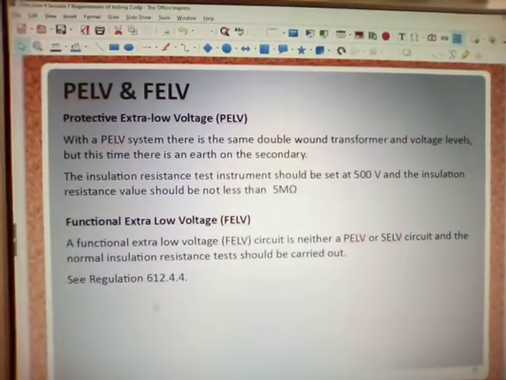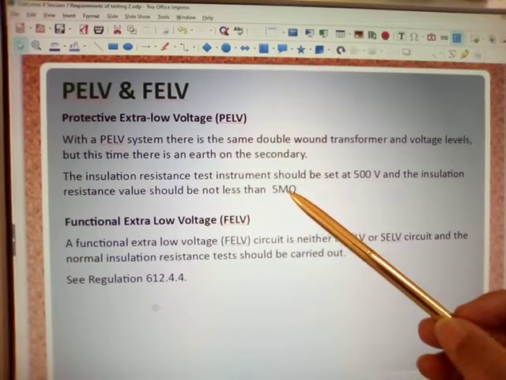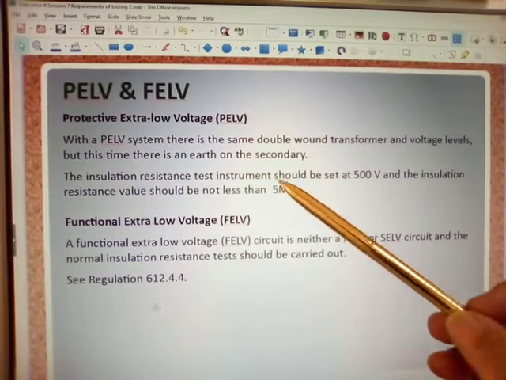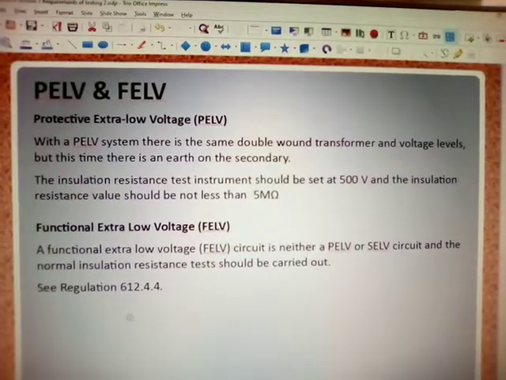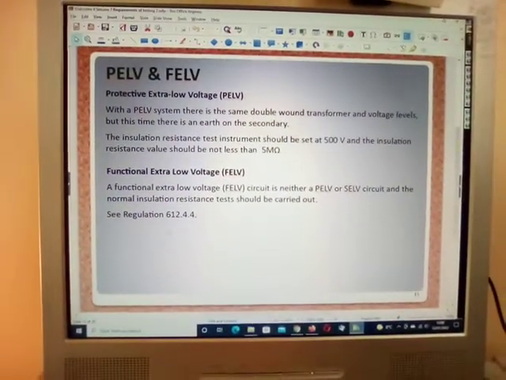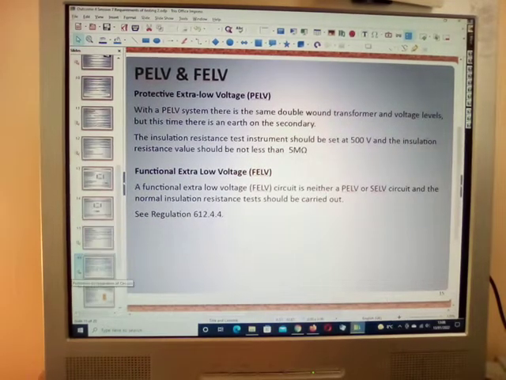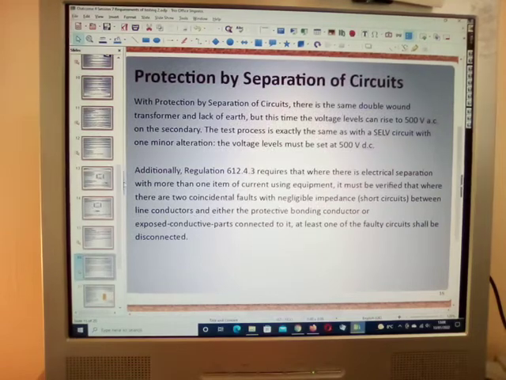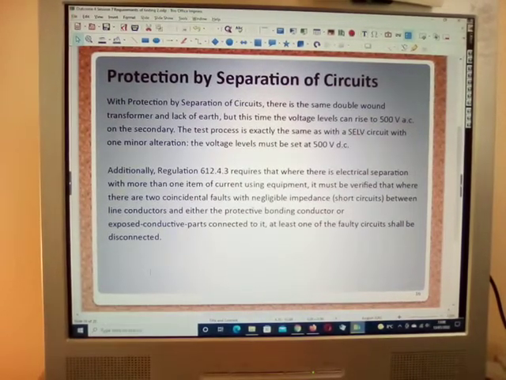And here you have a value that the resistance should not be less than 5 megohms or 5 million ohms. And here we're looking at protection by separation of circuits.